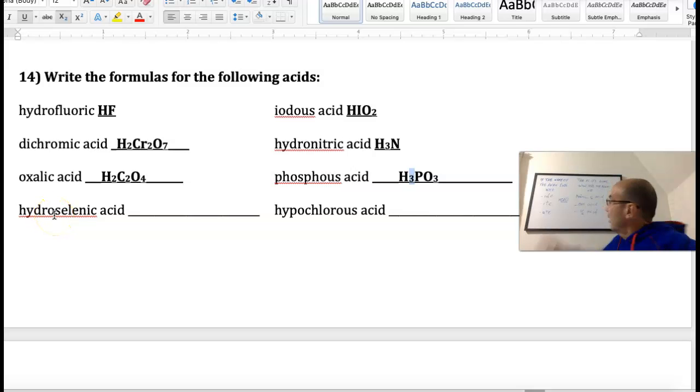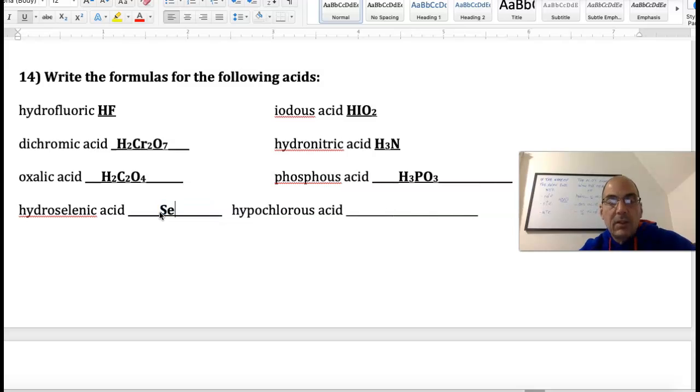Hydro, I know I'm talking about an -ide, so it must be a selenide ion. Selenium is Se, and selenide is in the same family as sulfur and oxygen, so that means it's a -2 ion, which means I need 2 hydrogens out in front there. And finally, hypochlorous acid. I actually talked about this one as an example already.